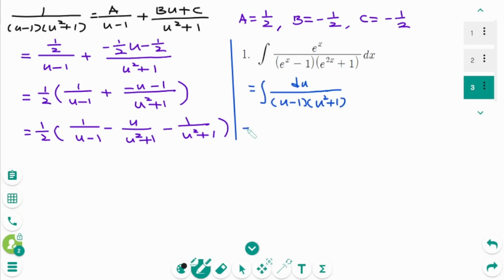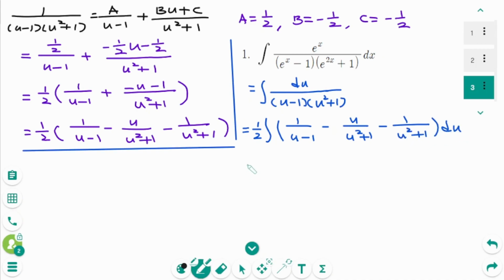Then back to here, 1 over 2 integral of 1 over u minus 1 minus u over u squared plus 1 minus 1 over u squared plus 1, then du, equals 1 over 2 times the first integral, which is ln absolute value of u minus 1, minus the second one, integral of u over u squared plus 1 du.